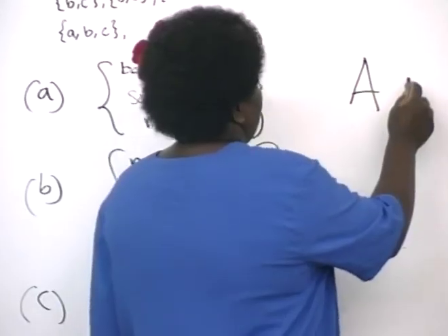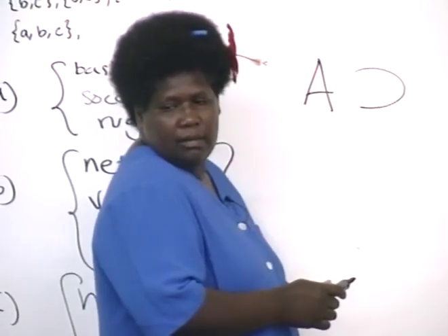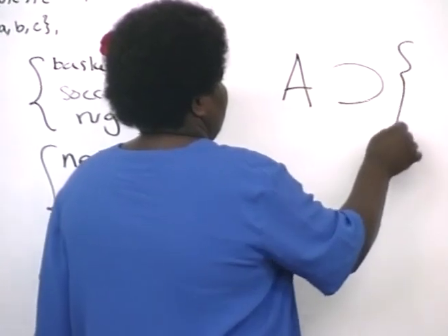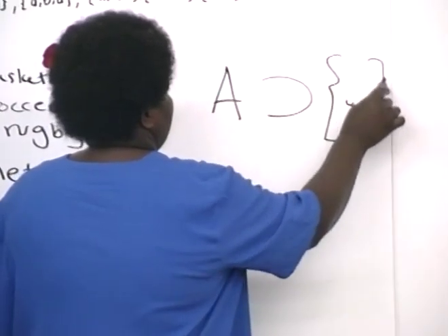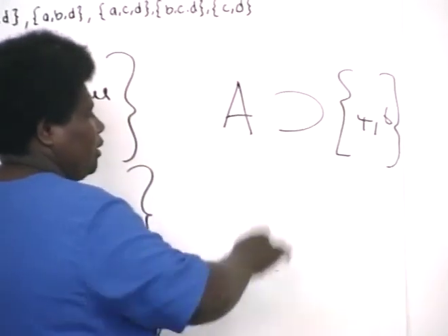A contains 4 and 6. Okay, is this one correct?